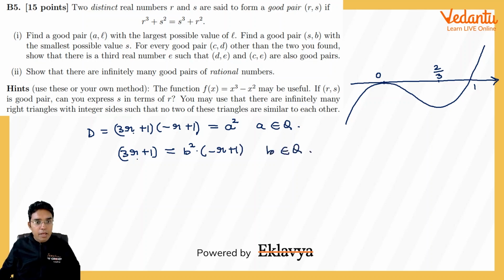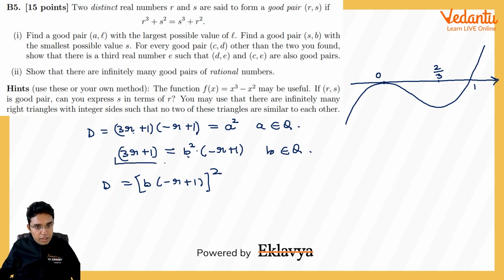If 3r plus 1 becomes b square times (minus r plus 1), then D will be equal to b into (minus r plus 1) whole square. You can check. And this thing will be equal to a, because b is a rational number and minus r plus 1 is a rational number. Then we will be able to conclude that for that r, we got D to be a perfect square.